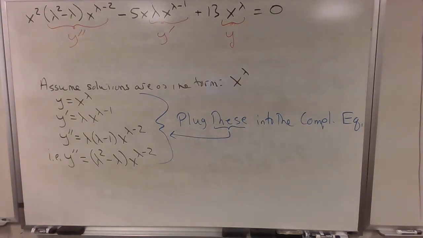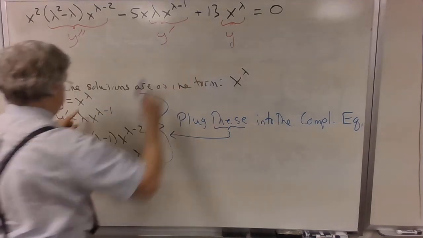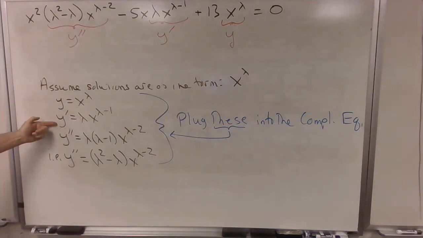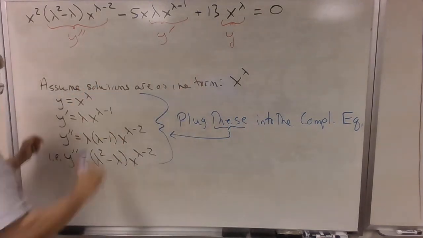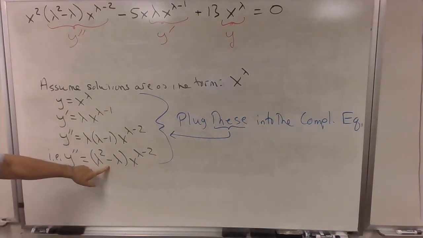So did I do it right? Here's y, here's y prime, goes there, here's y double prime, goes there. I think I did it right.